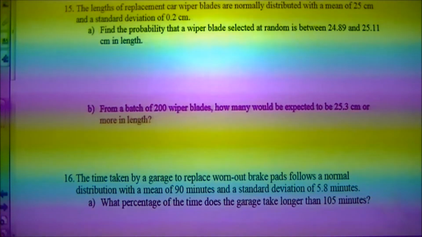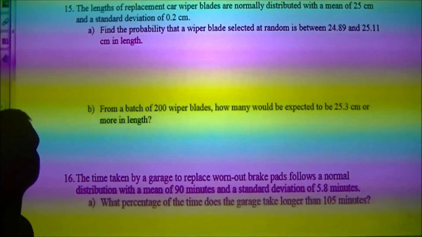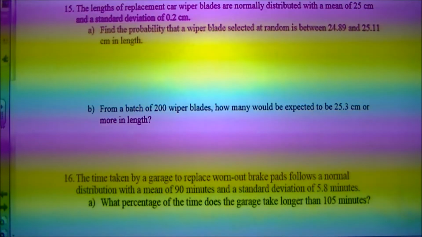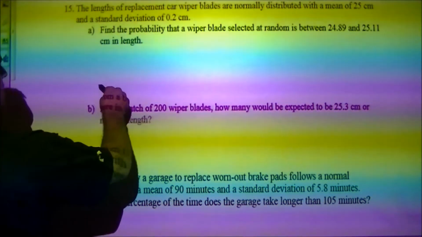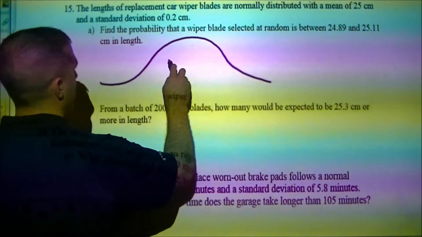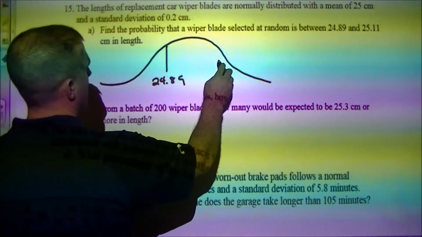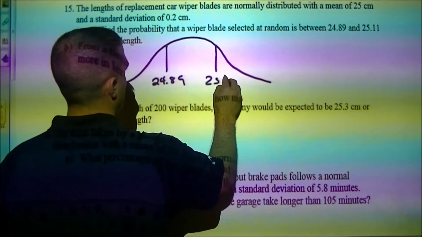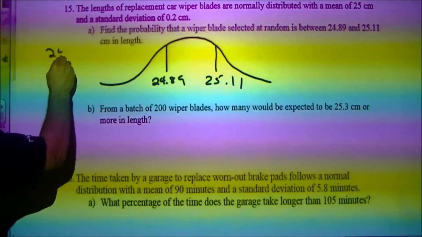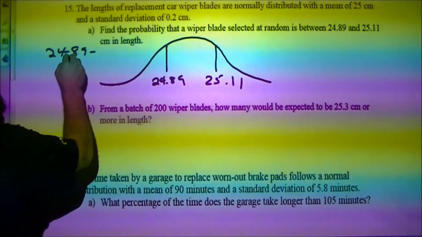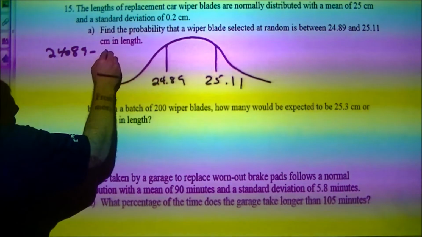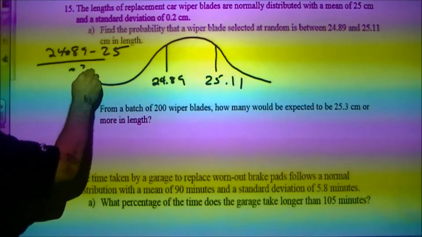Okay, the length of the replacement wiper blade is normally distributed with a mean of 25 and a standard deviation of 0.2. Find the probability that the wiper blade is randomly between those lengths. So I need 24.89 and 25.11. I'm going to do the z-score: 24.89 minus 25 divided by 0.2.